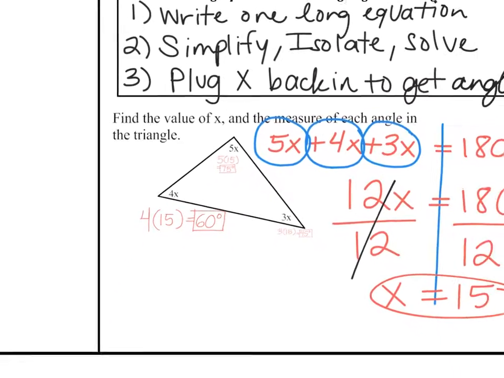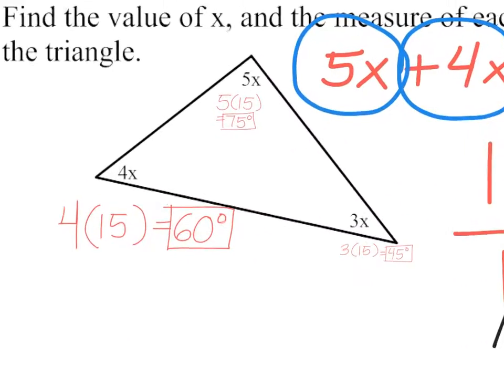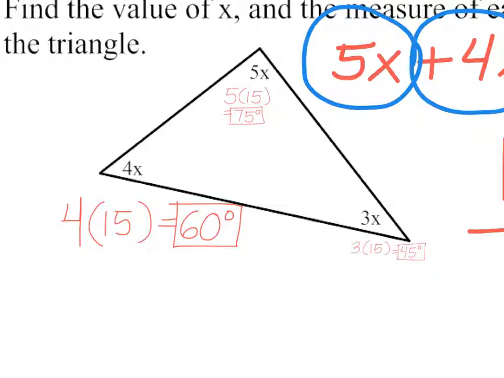If you'd like to check your answer, then you can make sure that all 3 angles add to 180. I'm going to do that in my head. So 75 plus 5 is 80, 80 plus 40 is 120, 120 plus 60 is 180. Woo! We're good.